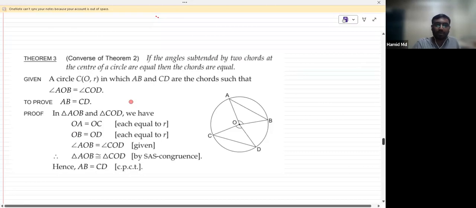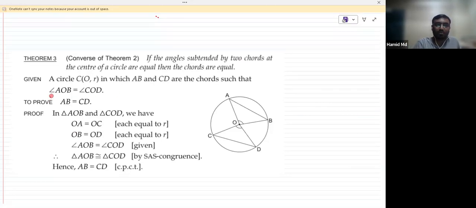It is given already that angle AOB is equal to angle COD. Then we are taking these two triangles, and we again say that AO, OB, OD are equal, and this angle is equal. So we have two sides and the included angle.